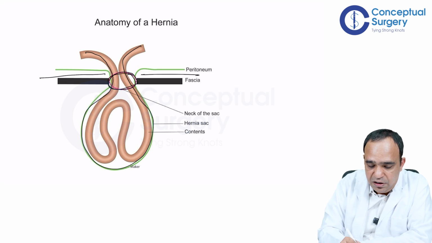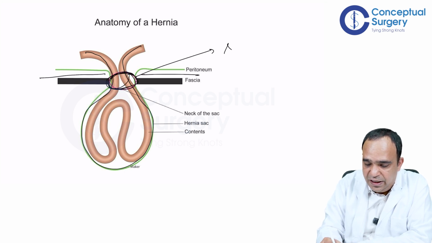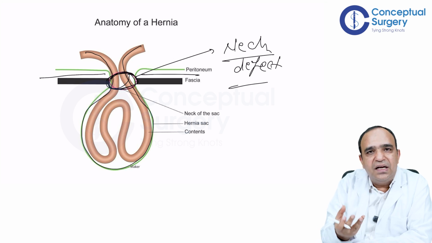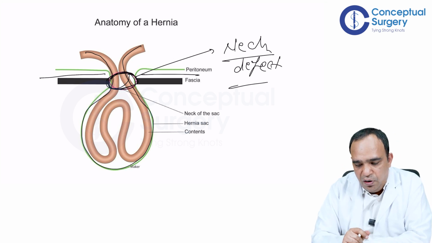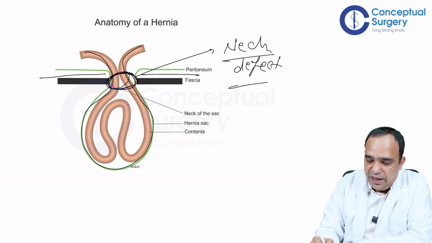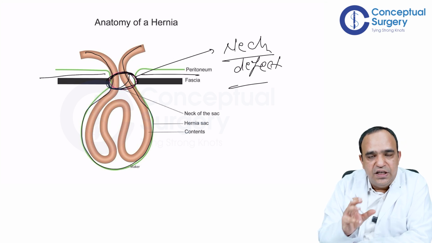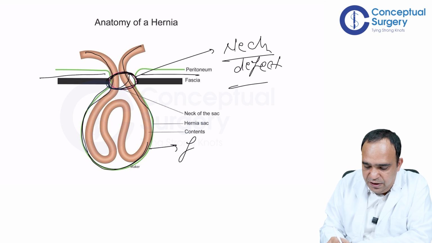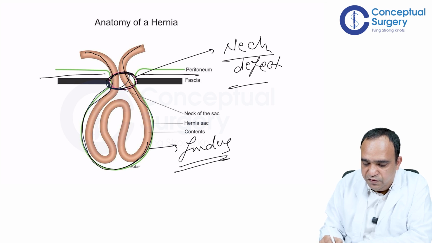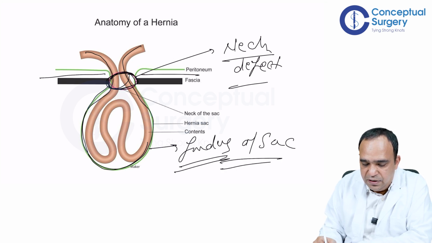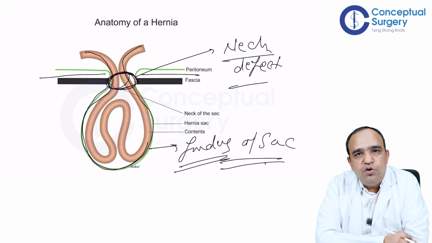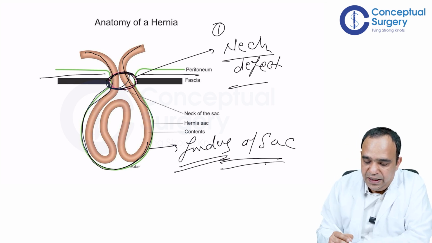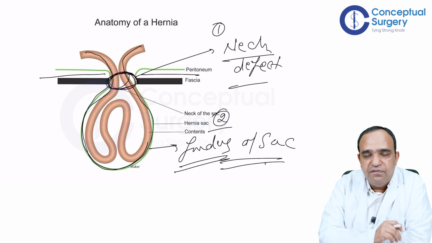The defect is the neck, the neck is the defect through which the hernia pops out, and the neck is the smallest part. This is the main body and this is the fundus of the hernial sac. Now there are two places we can open: at the neck or at the fundus.